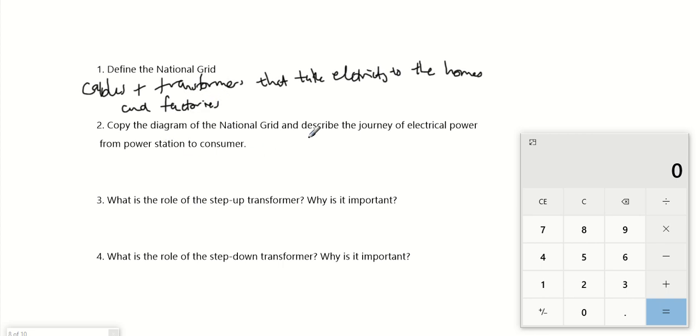Okay, copy the diagram of the national grid and describe the electrical power of the power station and consumer. I'll allow you to do that, so hopefully you've done that from looking over the previous page. What is the role of the step-up transformer? Take 25,000 volts alternating potential difference and step it up to 400,000 volts to make it more efficient.